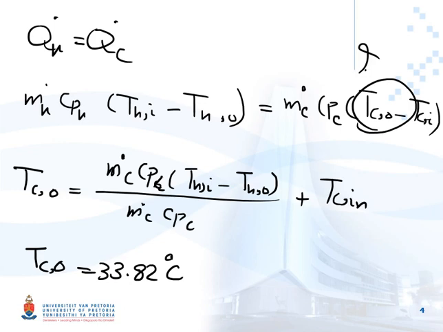If I want to use the epsilon NTU method, regardless of the configuration, I need to calculate some basic values like the heat capacity rate of the cold fluid, the heat capacity rate of the hot fluid, the capacity ratio and so on.